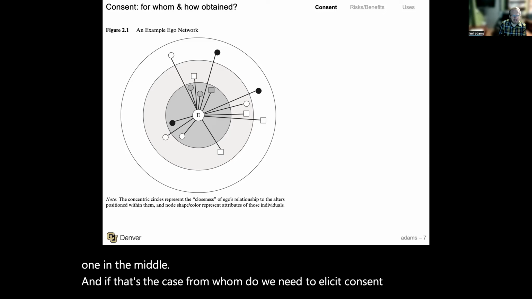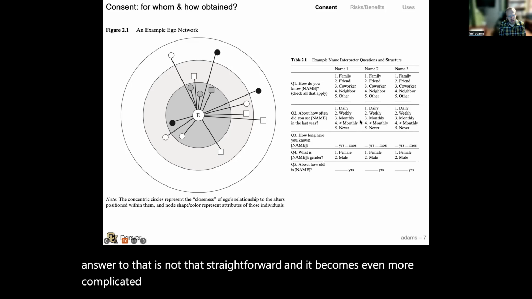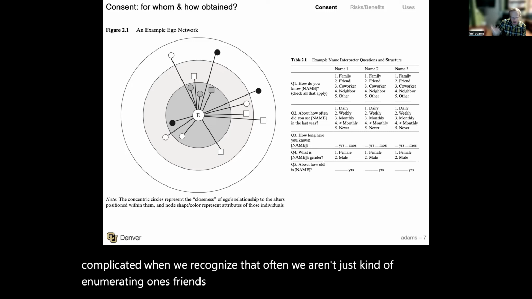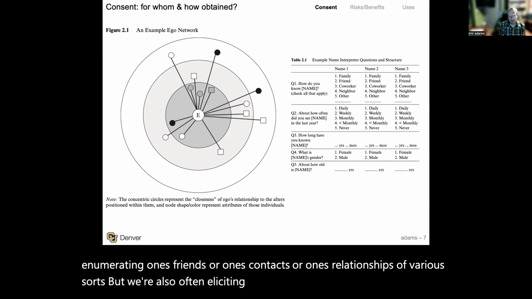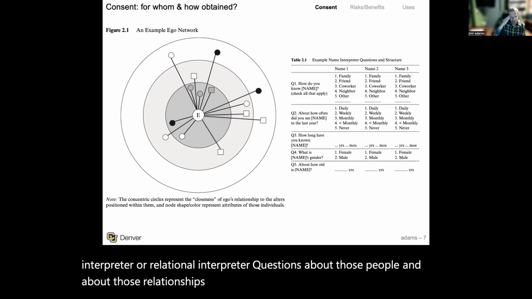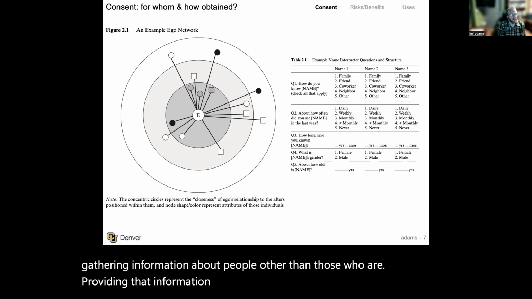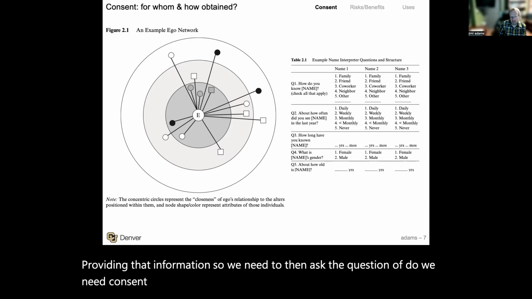Well, the answer to that is not that straightforward, and it becomes even more complicated when we recognize that often we aren't just enumerating one's friends or one's contacts or one's relationships of various sorts, but we're also often eliciting information in the form of name interpreter or relational interpreter questions about those people and about those relationships. So our focus in network research often entails gathering information about people other than those who are providing that information. So we need to then ask the question of, do we need consent for each one of these people?